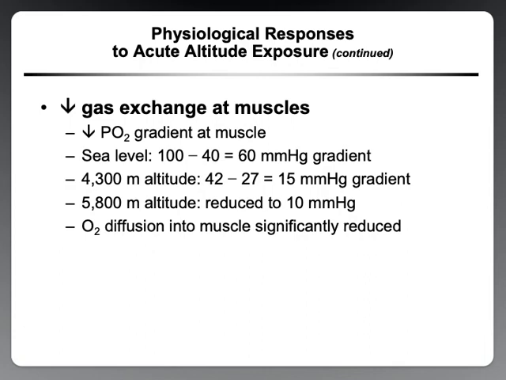At 5,800 meters of altitude, we see even more of a decrease by 5 millimeters of mercury to 10 millimeters of mercury as a diffusion gradient from the arterial capillary into the skeletal muscle tissue. And as such, we see oxygen diffusion into the muscle is significantly reduced.